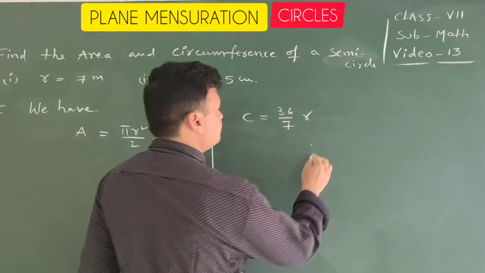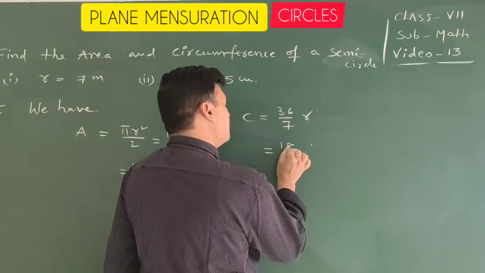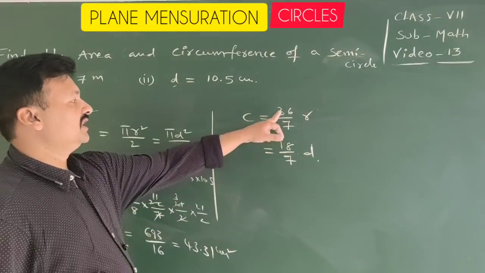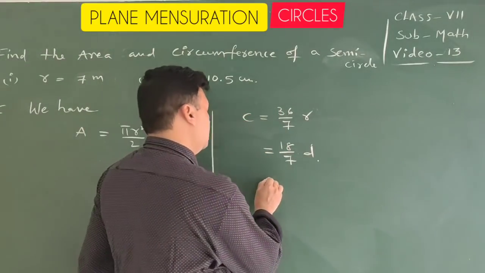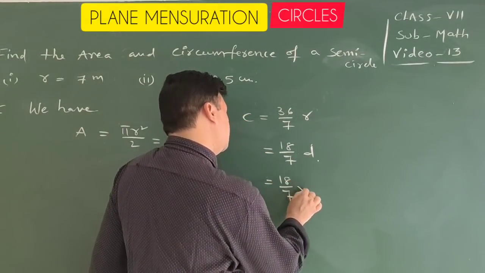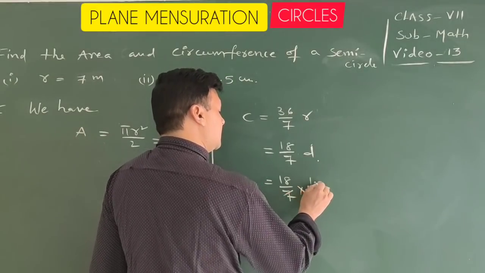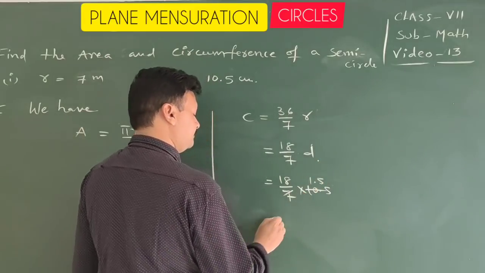Now circumference. Here 18 by 7 D, because r is D by 2. 2 gets cancelled here. 18 by 7 D. So 18 by 7 into 10.5. Here 1 time, here 5 times.